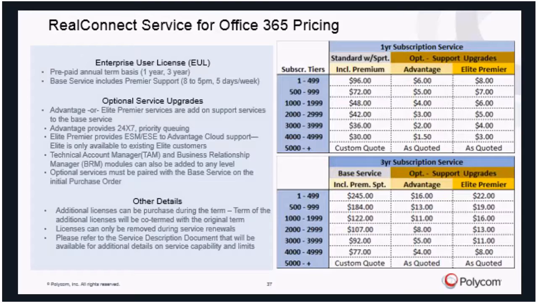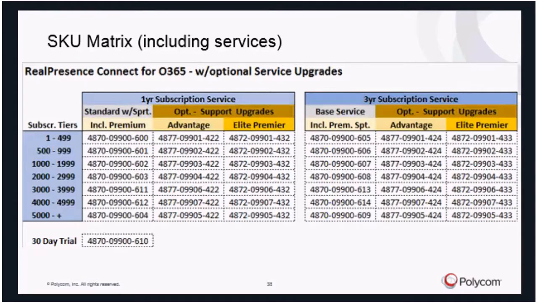They'll just be co-termed with the original term. You'll see that we've skewed all of the services, that they include the services with the purchase of the specific tiers for the number of licenses they're going to buy. We're making this very easy for you to quote and deliver to the customer.